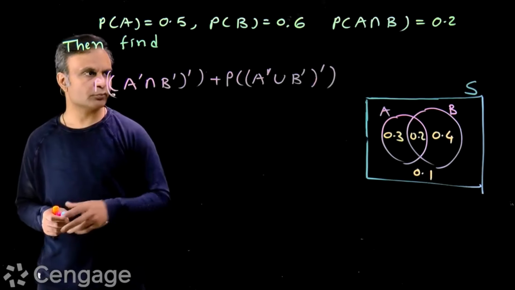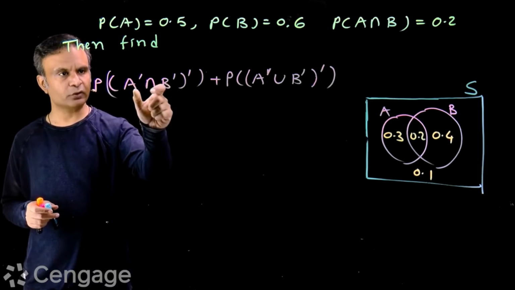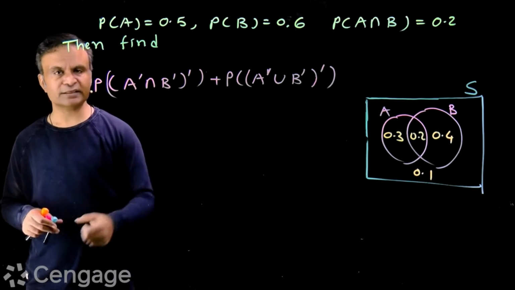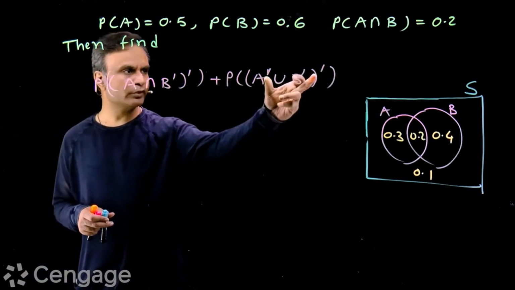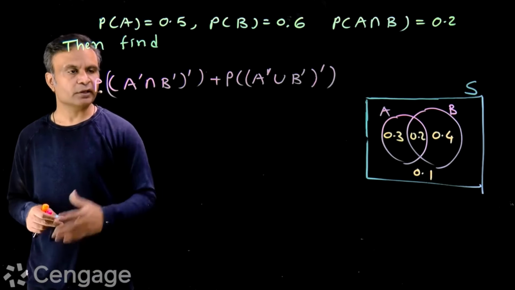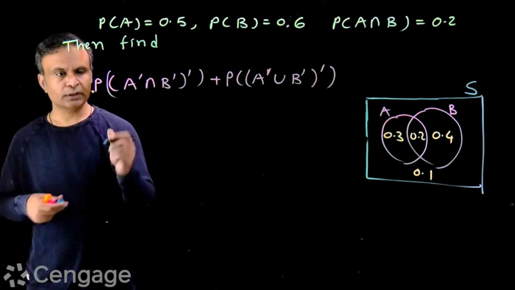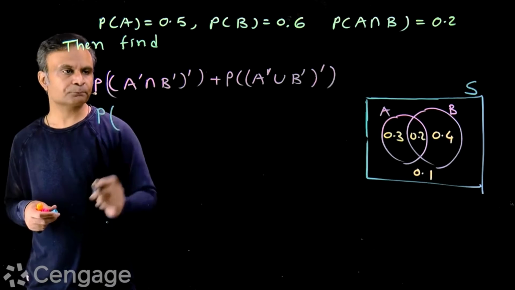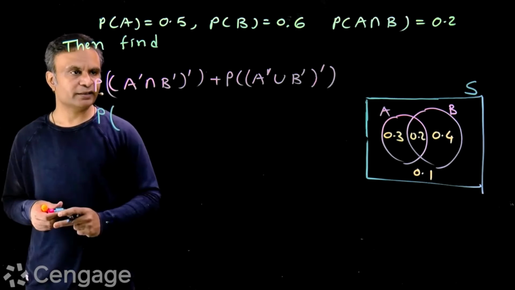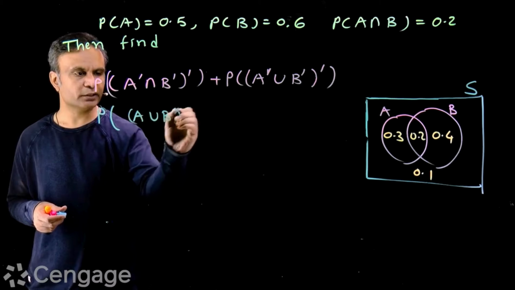Now let's find the sum of probabilities of these two events. This is the event complement of A complement intersection B complement, and this is the event complement of A complement union B complement. Now here we can use De Morgan's law of set theory, using which we have A complement intersection B complement is equal to A union B complement.